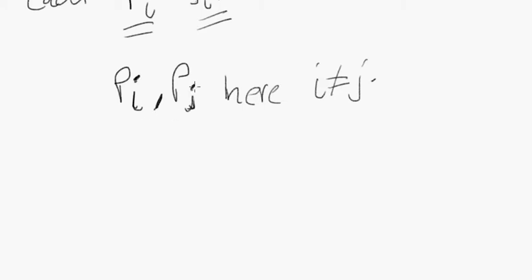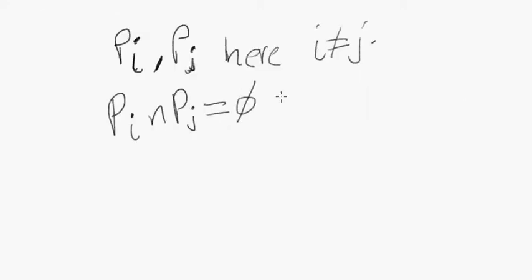Well, for any Pi, Pj, where i does not equal j, we would need to establish that the intersection of Pi and Pj is empty. They have nothing in common, right? But what would that mean precisely? Remember, our subgroup H is being taken to have the elements H1, H2, up to HR. We picked HR last time.